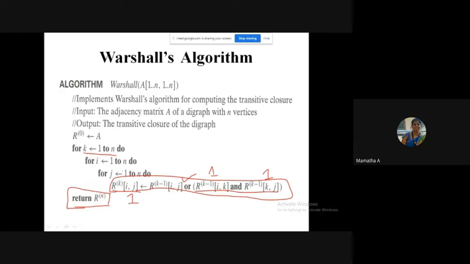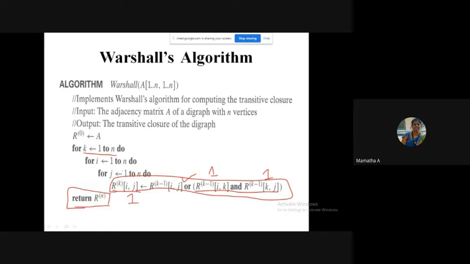Cubic, ma'am. So when the basic operation is embedded within 2 for loops, it will be quadratic. 3 for loops, it will be cubic. If it is a single for loop, it will be linear.